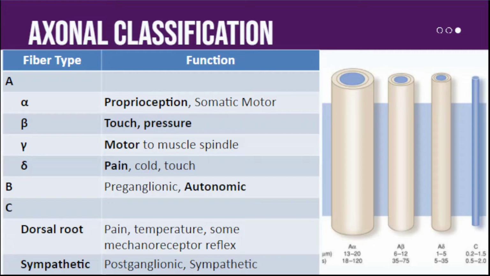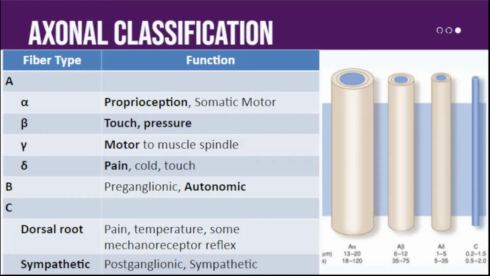Their function of proprioception helps us determine position. Your A beta naman functions for touch and pressure. Okay? Touch and pressure, your A beta. Your A delta functions naman for pain. No? So basically, your A alpha, A beta, A delta, puro sensory sila. And then of course, let's not forget that your A can also be found in your skeletal muscles.